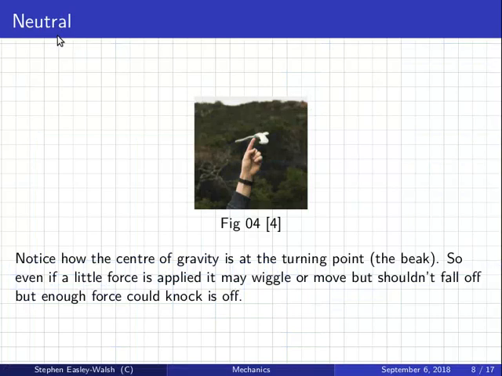That's what makes it neutral. Got that? Yeah?